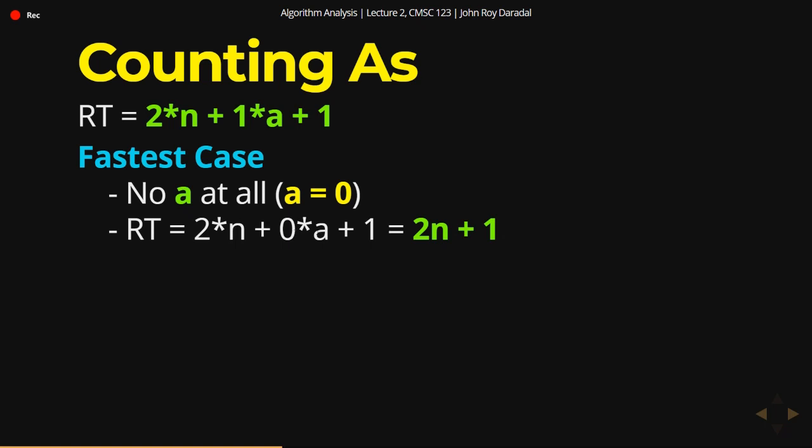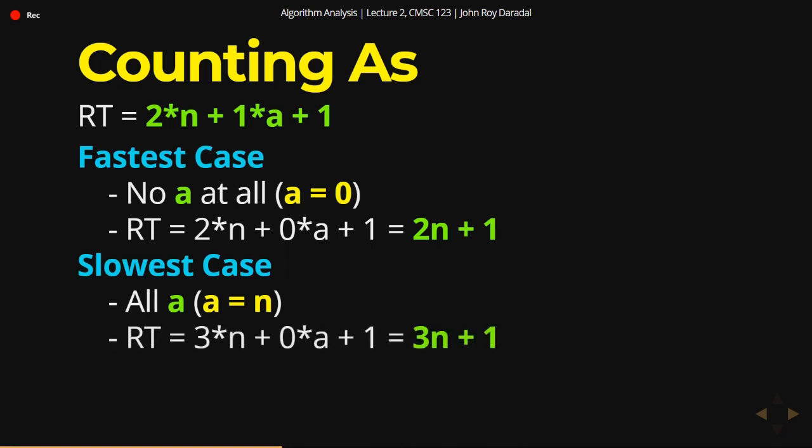How about the slowest case? The slowest case would be if the whole string is made up of A's. That means a is equal to n. In that case, our running time will become 3n plus 1, because if a becomes n, that becomes 2n plus n plus 1, so it becomes 3n plus 1.